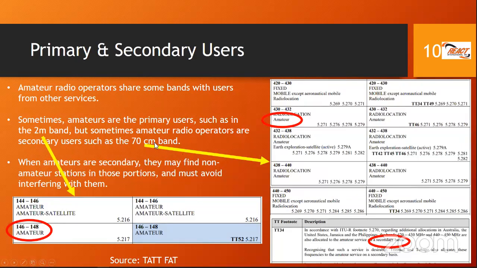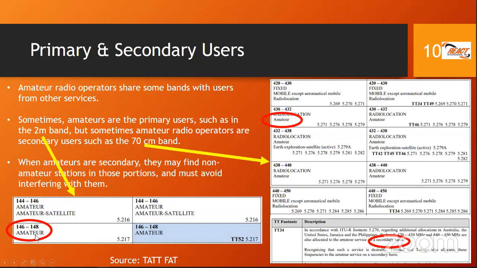But if we were to look at the 70 centimeter band, part of the 70 centimeter band that hams have privileges, we are secondary, and it's represented by not uppercase, but you'll have an uppercase first letter, but the rest are lowercase. So those are little clues when you're reading the frequency allocation table, how to tell who is primary and who is secondary. Notice radiolocation here is in uppercase, so they are primary.